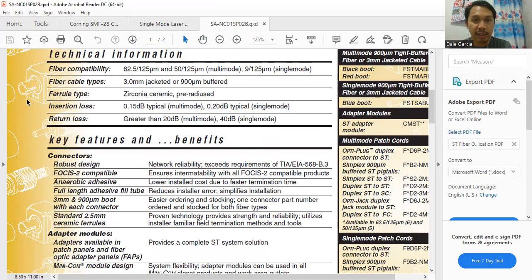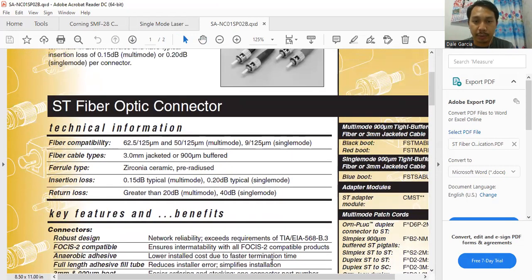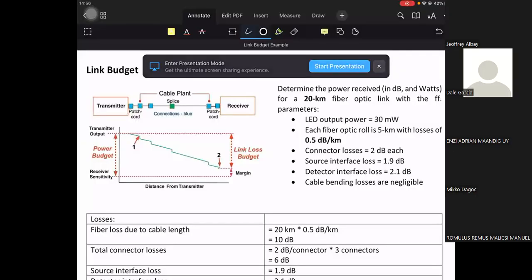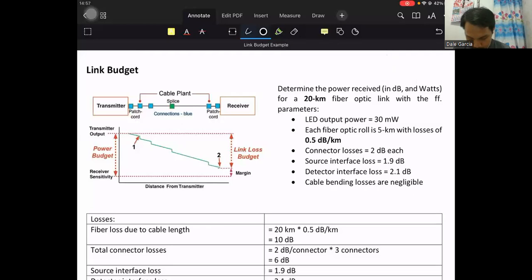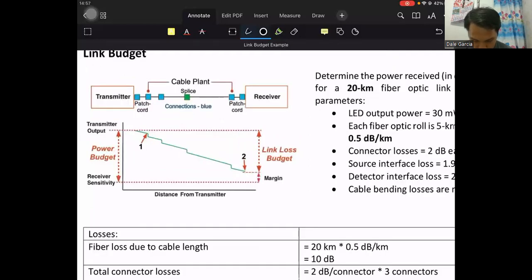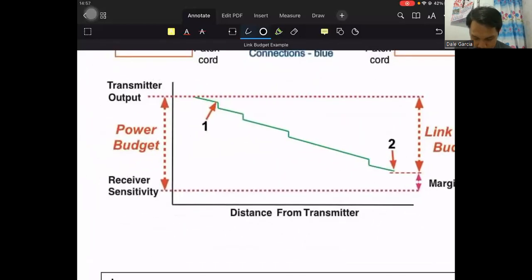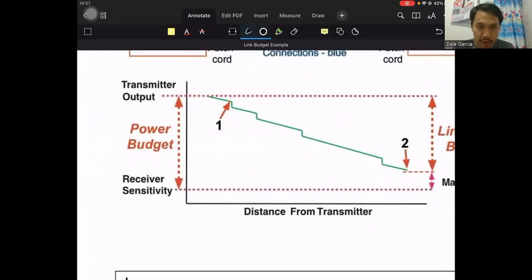So these are actual values if we compare them to our example earlier. Our example is fairly realistic, a very practical example. Compared to these specs, for the transmitter, negative 3 dBm, and sensitivity is negative 20.